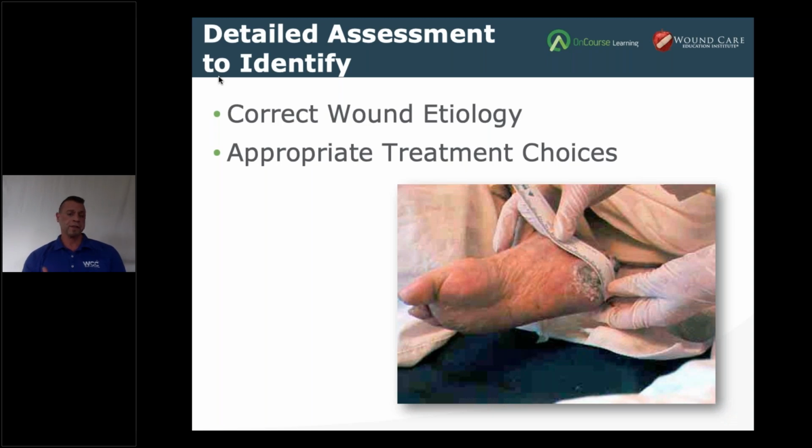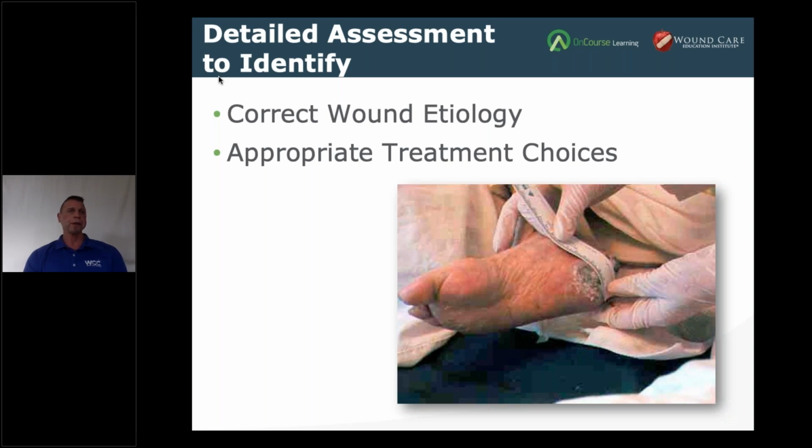And then, of course, secondly, we have to make sure we're picking appropriate treatment choices. We do not want to look at wound care with this, I'm going to throw mud against the wall until something finally sticks. That should not be how we approach wound care. We need to approach our wound care with some basic principles of, number 1, what's the rationale for this treatment?